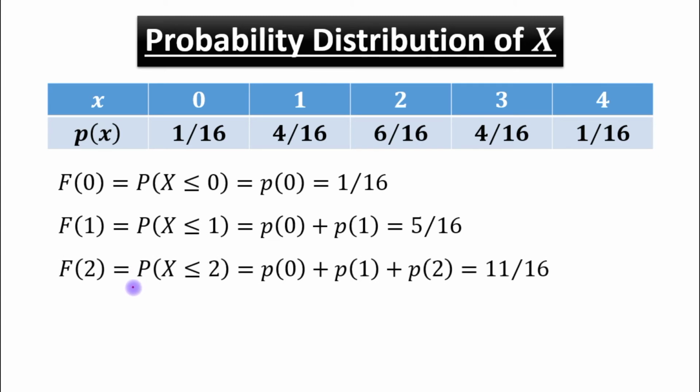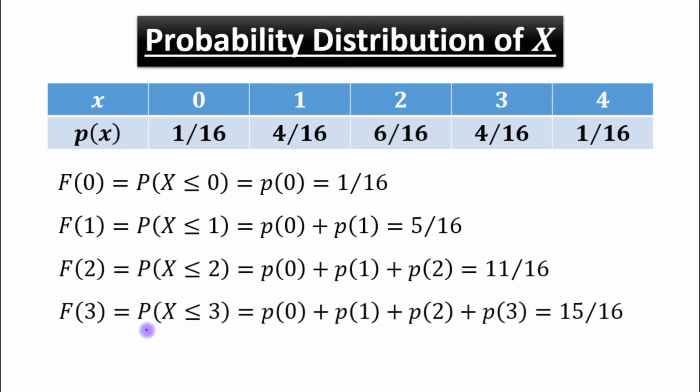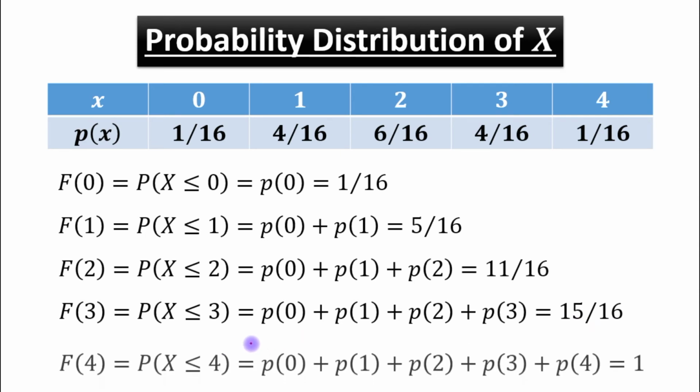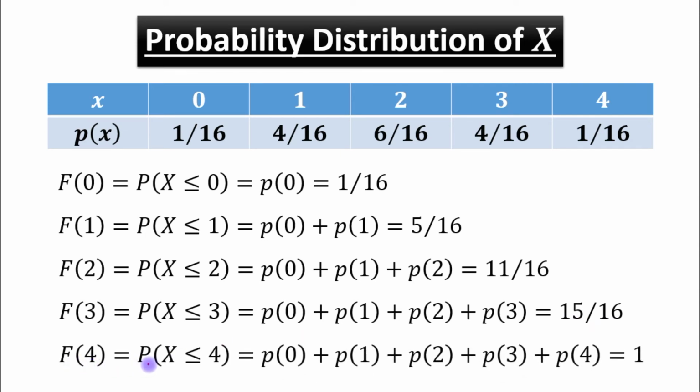F(2), P(X ≤ 2), which is P(0) plus P(1) plus P(2), that is 1 by 16 plus 4 by 16 plus 6 by 16, which is 11 by 16. F(3), P(X ≤ 3), which is P(0) plus P(1) plus P(2) plus P(3), 1 by 16 plus 4 by 16 plus 6 by 16 plus 4 by 16, that is 15 by 16. And the last one, F(4), which is P(X ≤ 4). So the sum of all the probabilities will be equal to 1. Fine.